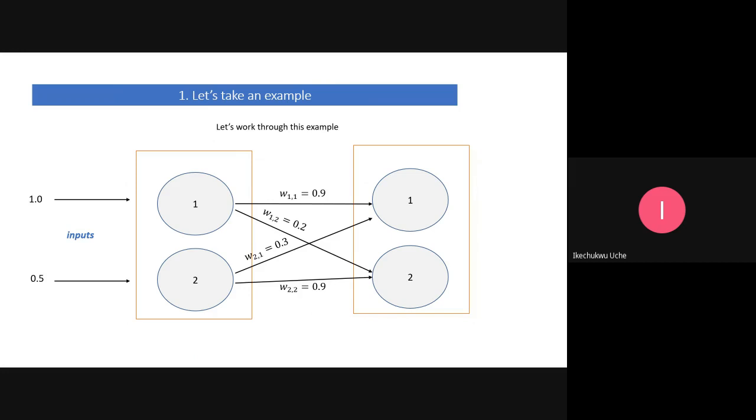So I got the output for node one, layer two, and node two, layer two. I got 1.05. Is that the output? Yeah, the output.